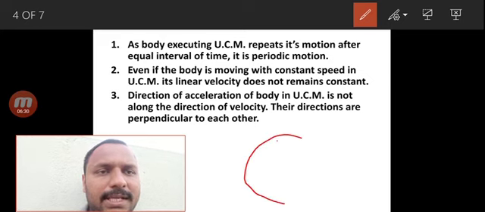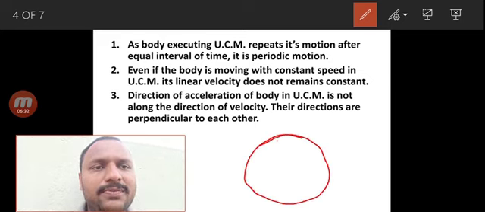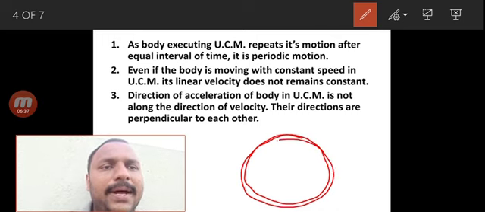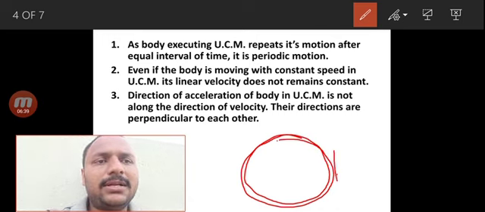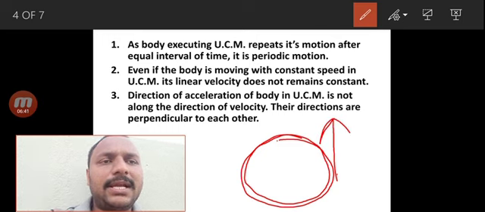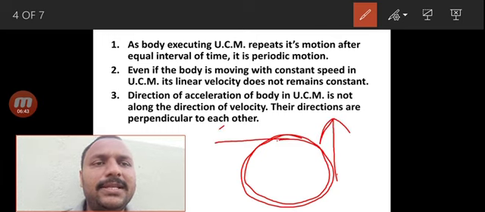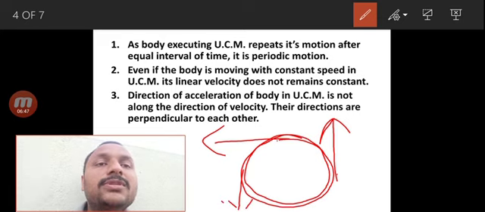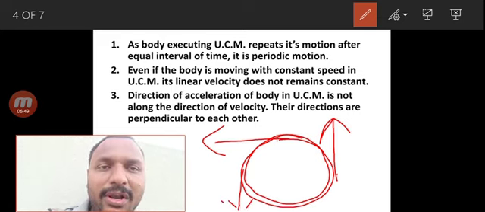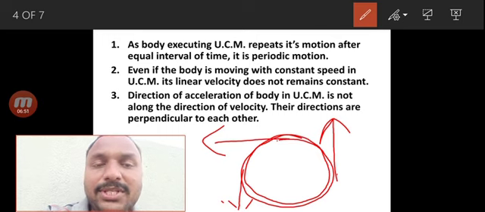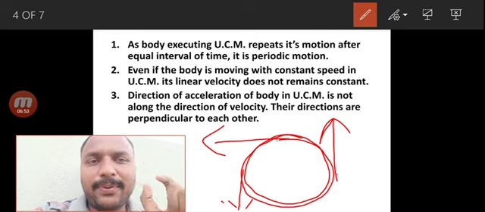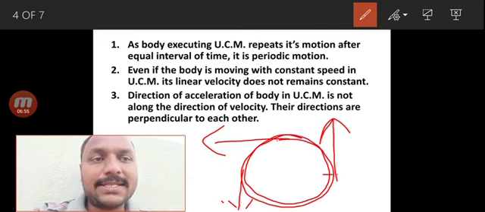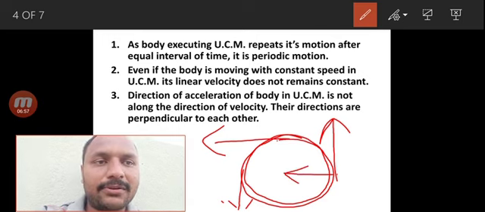Now here we say that this is a circumference along which the particle moves. If the particle is at this position, then the velocity is in that direction. If the particle is here, then the direction of velocity is like this. But in case of a UCM, we already did a derivation for the acceleration of the particle, and this acceleration is a centripetal acceleration.